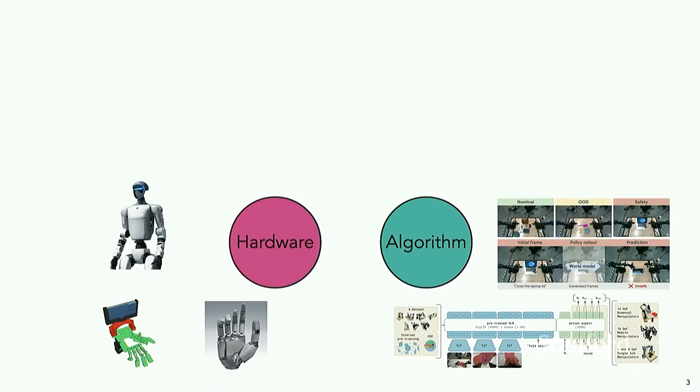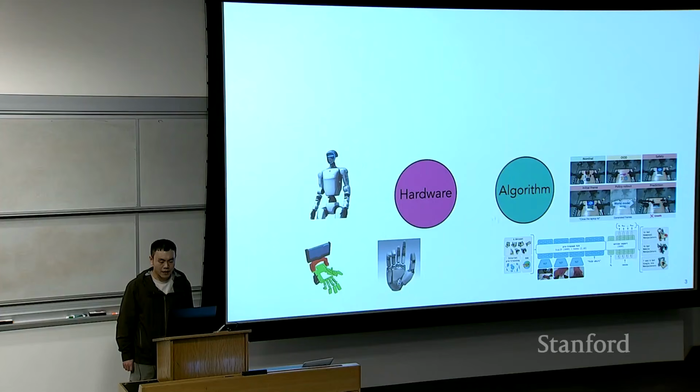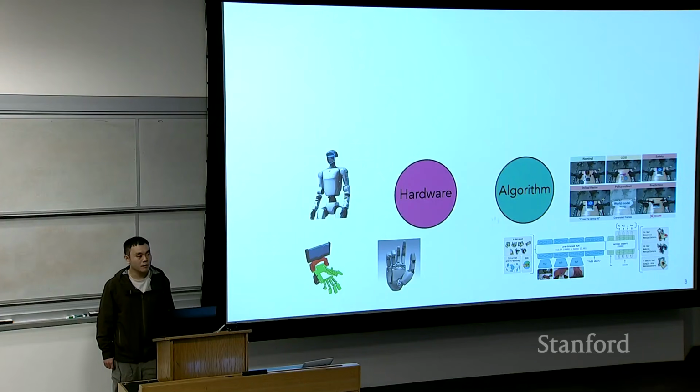You have a pre-trained VLM from large-scale internet data, followed by an action expert that is trained on some in-domain robotic demonstrations. And these VLA models really enable generalization in manipulation.